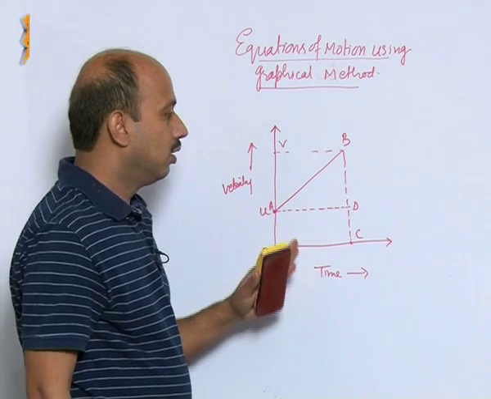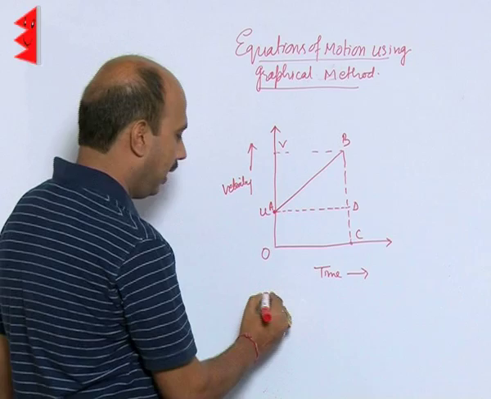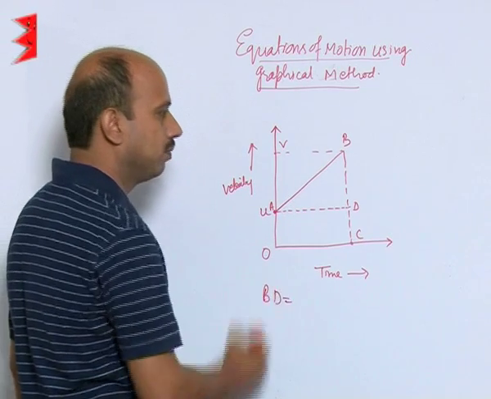So see here, first we take the slope of this graph. Here BD is equal to this much.